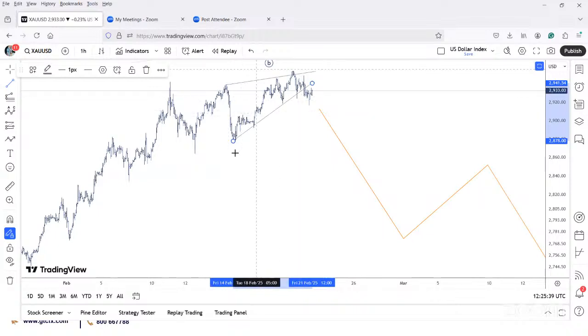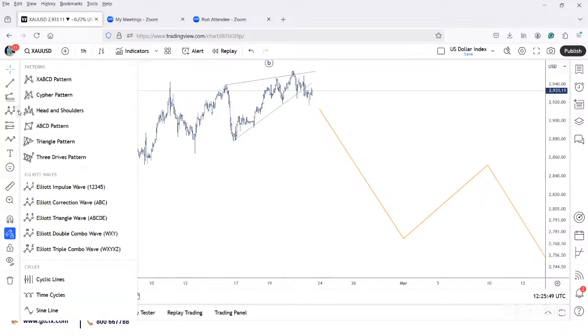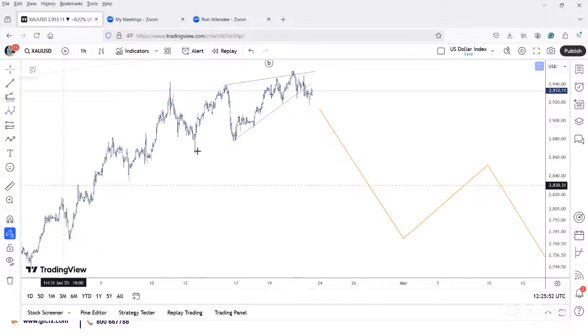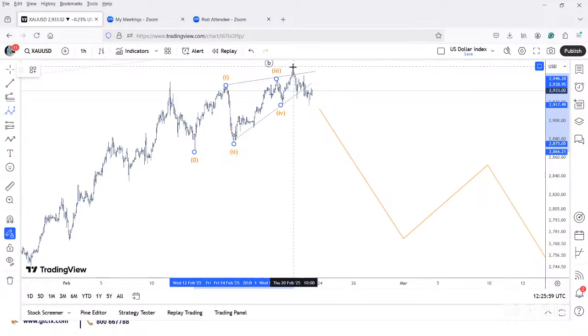It looks like a very sharp diagonal. If we are wrong in identifying this triangle, that could be wave 4. Let me also label the diagonal. All right, here's a proposed diagonal.